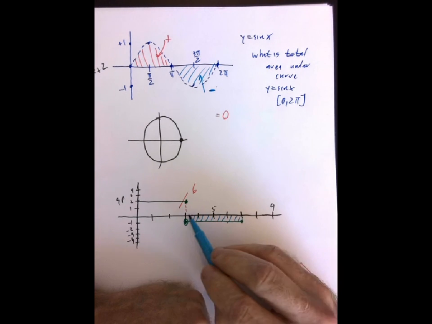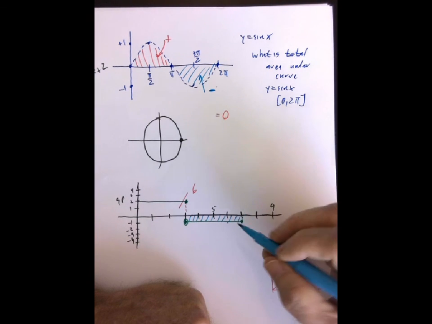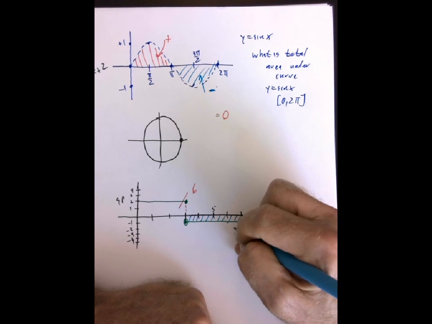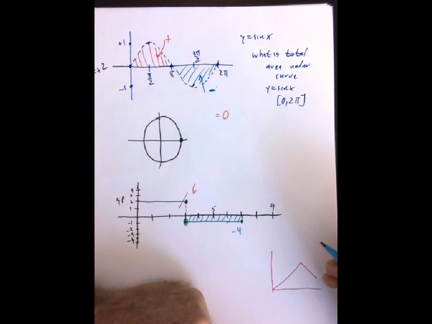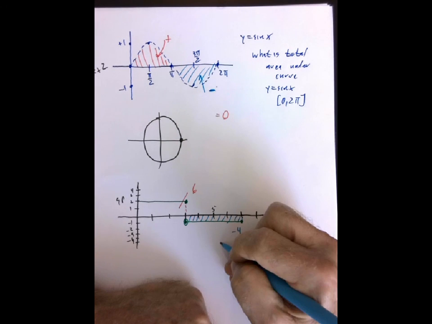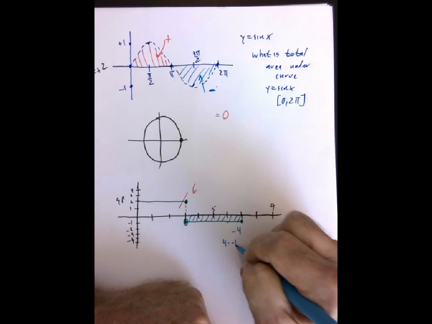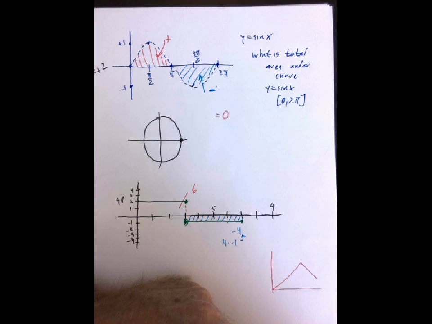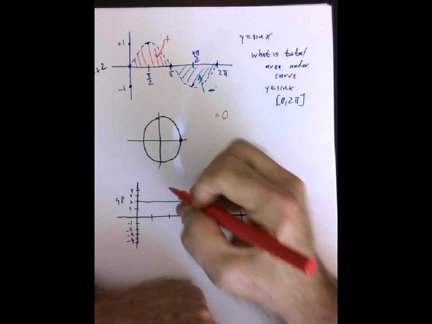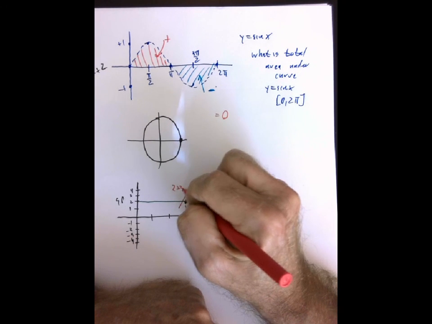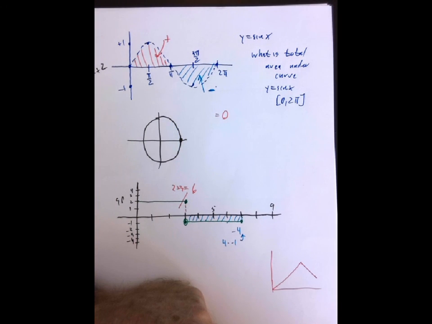Well, you can see that's 1, 2, 3, 4, and that's negative 4. 4 times negative 1, which is negative 4, right? This one was 2 times 3, which is 6, right?